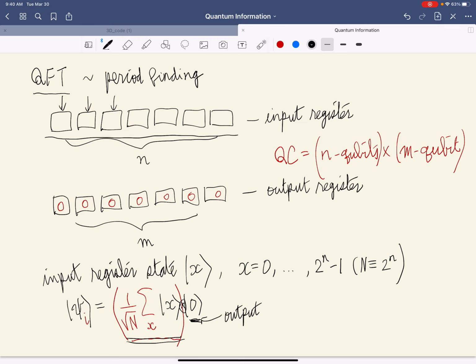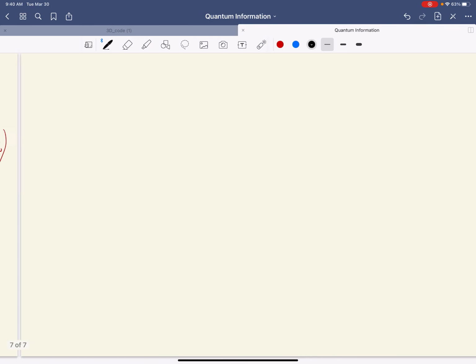Okay, and then I'm going to assume, so this is a part where I am going to be kind of sketchy, I'm just going to pretend that there exists such a unitary matrix or unitary operation whose role is to do the following.